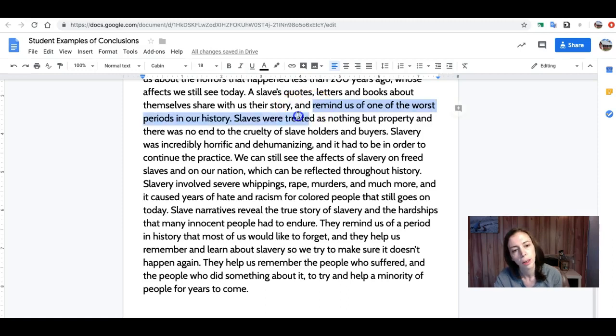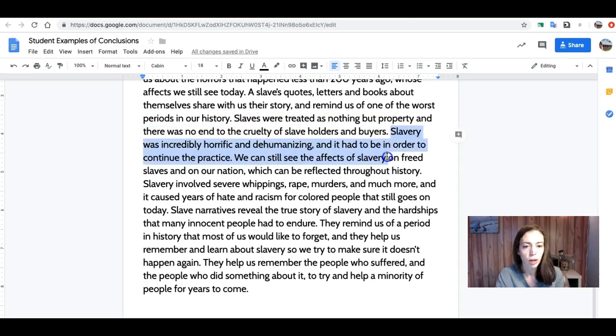So this student right here, it seems like, is talking a little bit about the so what, or the bigger reason, right? And then a lot of this also feels like maybe she's recapping some of the major points from her essay. Slaves were treated as nothing but property, and there was no end to the cruelty of slaveholders and buyers. So this feels like a reason why to me, or maybe a claim that she was making in her essay.